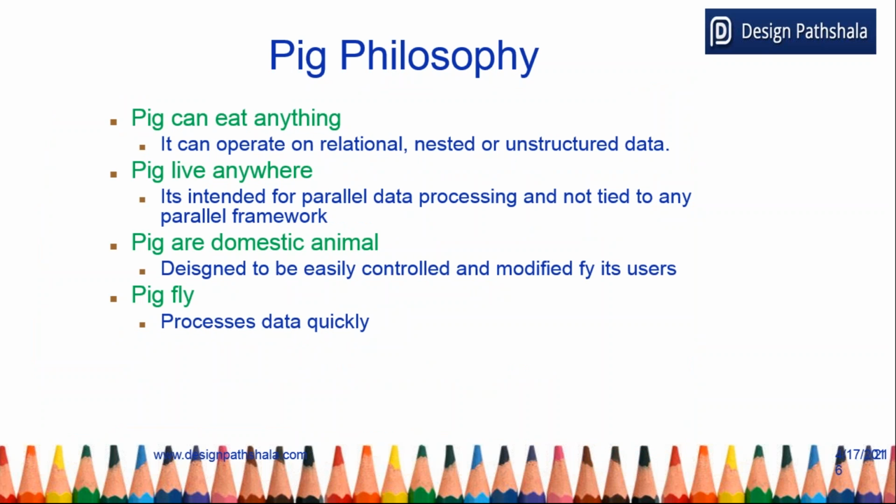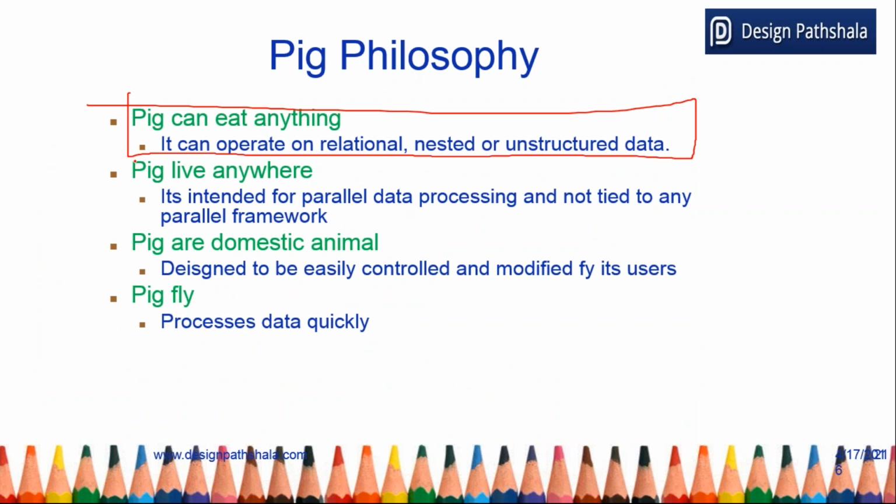Before going deeper into this language, this is the philosophy of why Yahoo called it Pig. Pig can eat practically anything. So Pig, as a language, can eat any kind of data, be it structured or unstructured. Pig lives anywhere. This guy also loves to live in dirty weather or bad places, and loves to play with your bad data.